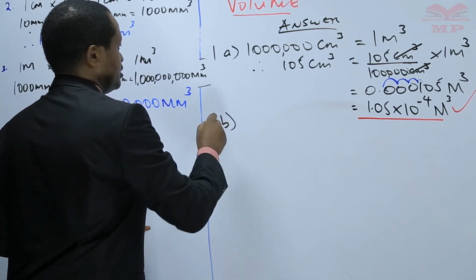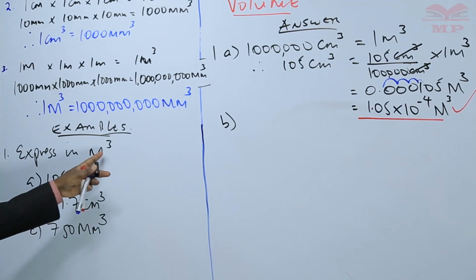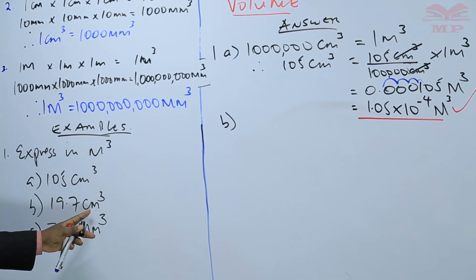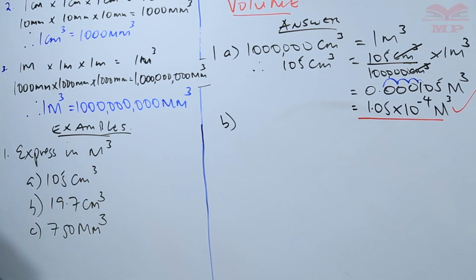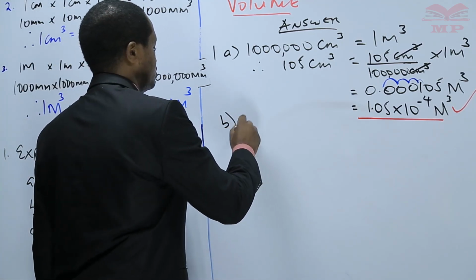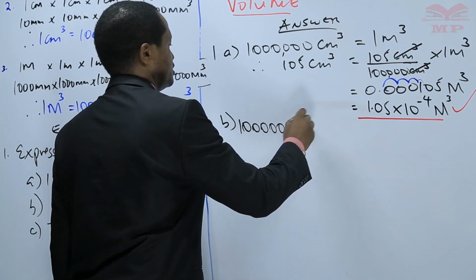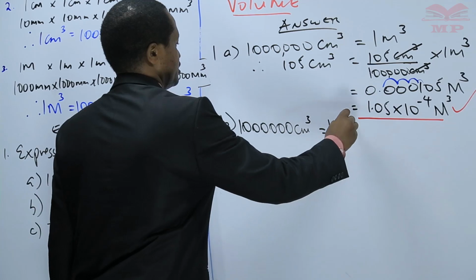In B, we are converting cubic centimeters to cubic meters again. We know that 1 million cubic centimeters is equivalent to 1 cubic meter.